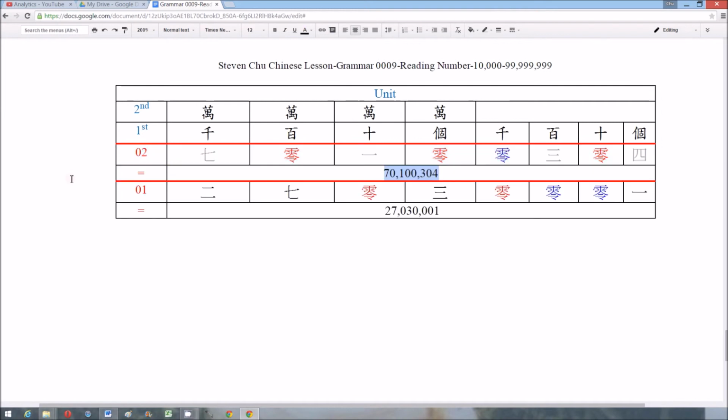And the second one is 70,100,304. It is read as 7千零一十万零三百零四.